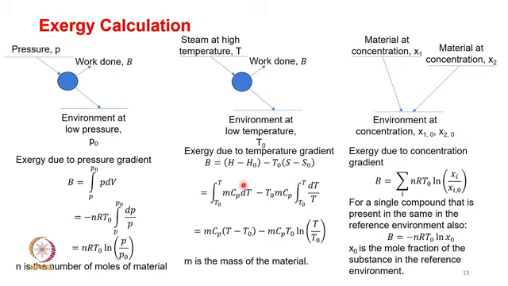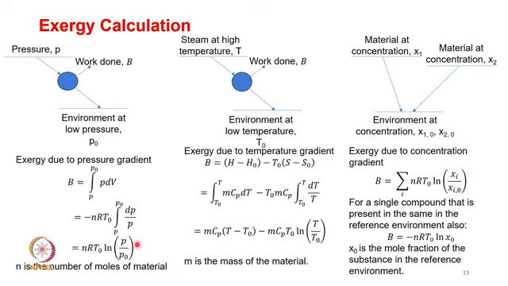You can substitute the expression for H, which is mCp delta T, that is, mCp integral of dT, and for S, T naught into mCp integral of dT by T. So this would result in mCp (T minus T naught) minus mCp T naught ln (T by T naught), where again m is the mass of the material, like n is the moles here.